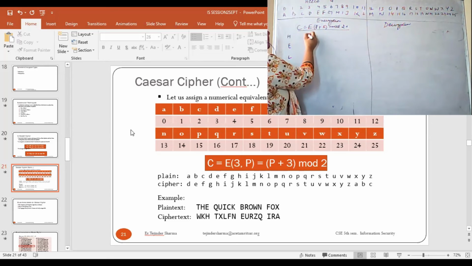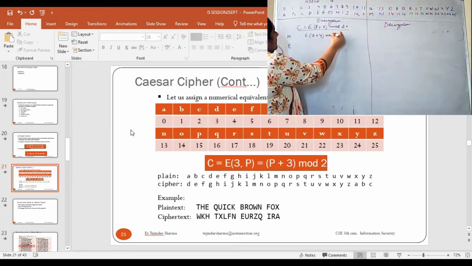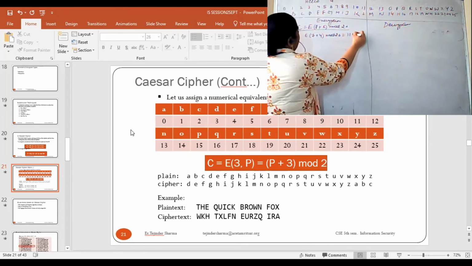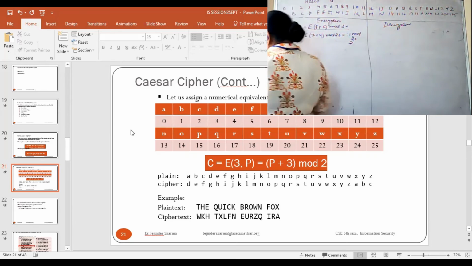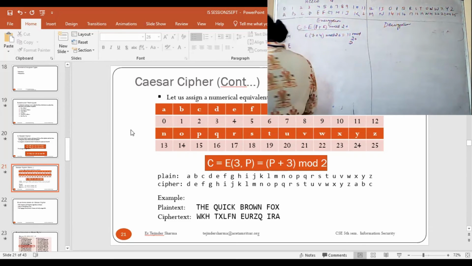So H is at seventh position, I think. So the formula is E of 7 plus 4 mod 26, which is 11 mod 26. So it will give you 11 only.